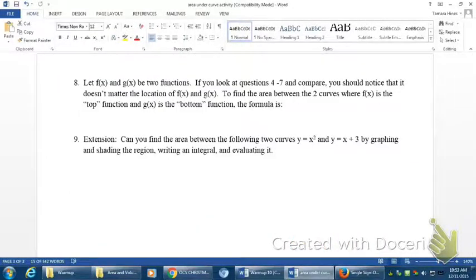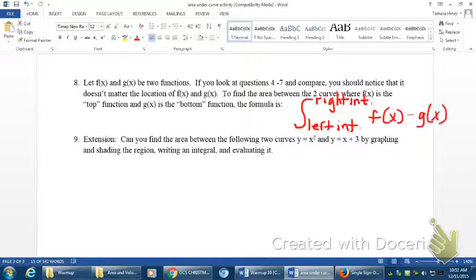So your formula in 8 would be the left intersection point, the right intersection point as far as the x values, and then f of x minus g of x, because f of x is the top and g of x is the bottom.